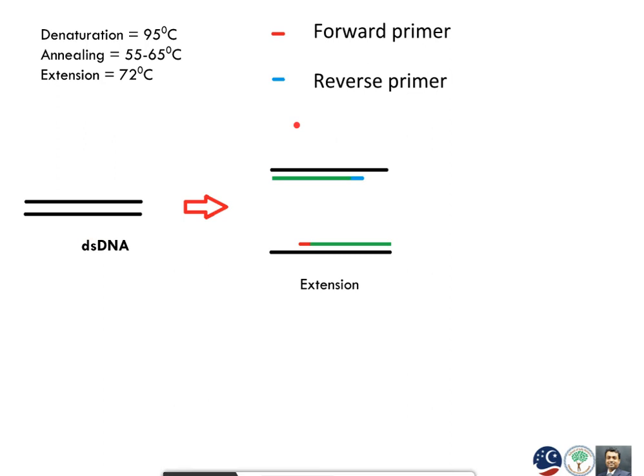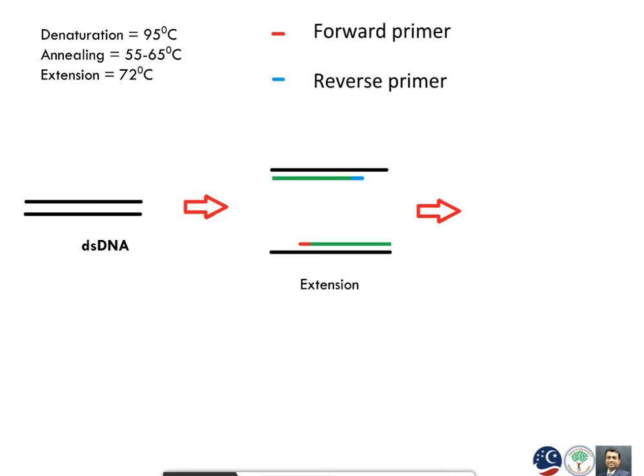Again, we are repeating this three temperature cycle. We are going to denature these particular DNAs, which will now act as our template DNA. Remember, in the beginning of the discussion, we told that PCR is a chain reaction.